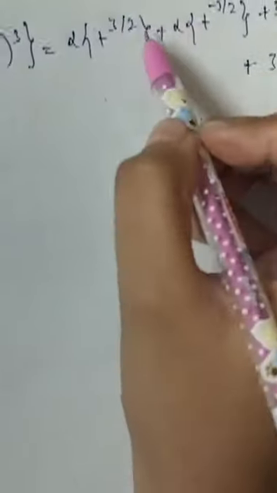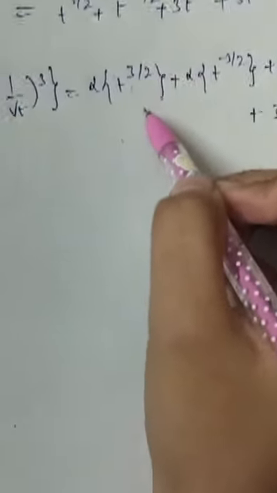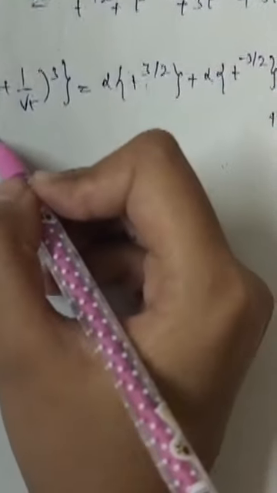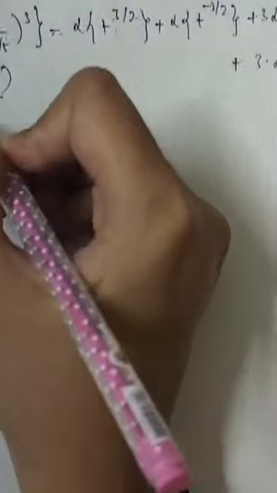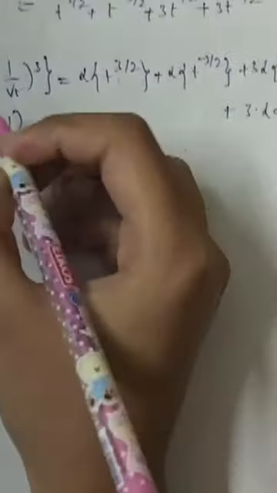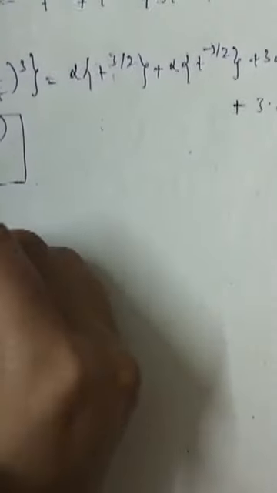Now as we know the t power n formula, as these are fractions, we will be using the formula gamma of n plus 1 by s power n plus 1. So this is a formula.